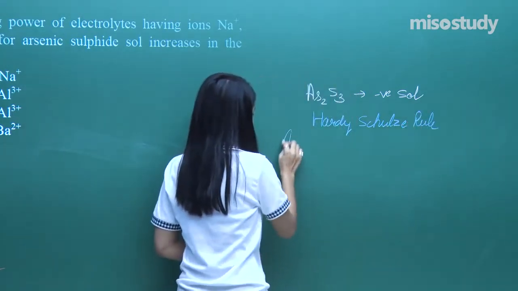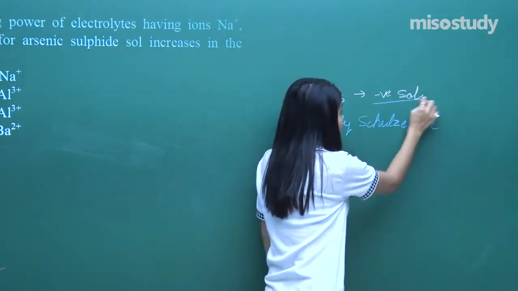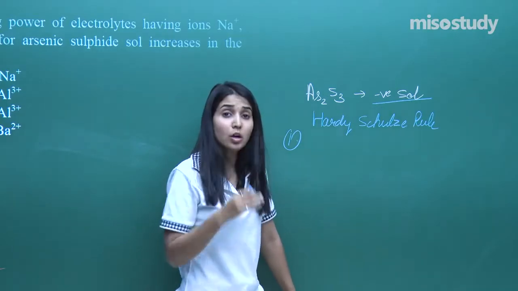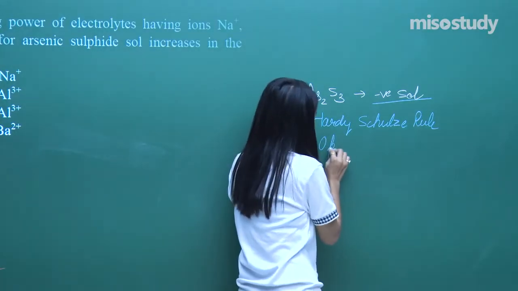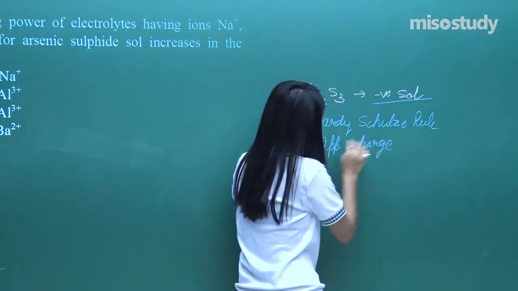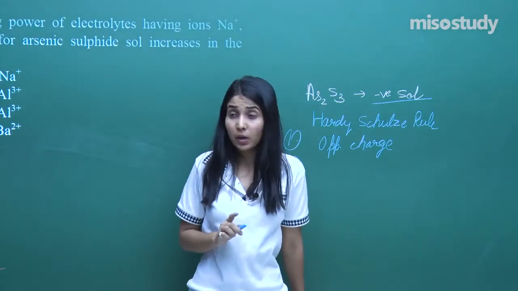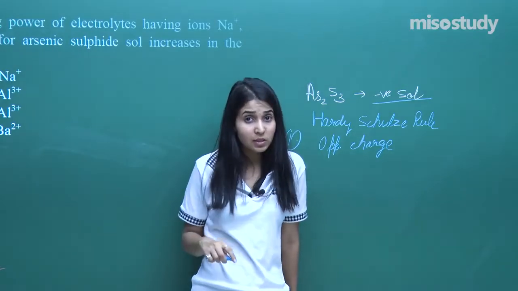What does it say? The first point is that the particular sol would interact with the oppositely charged particle, right? So the first thing is opposite charge. That means I need a positive system. Do I have a positive system? Well, of course, all the three systems they have provided to me are positive systems.